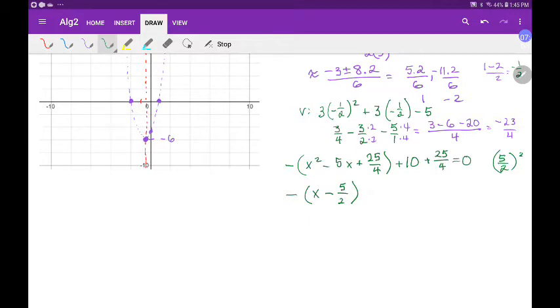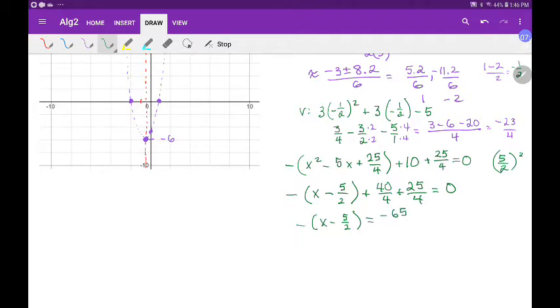We're going to say plus, I'm going to get common denominators. 40 over 4 is 10, plus 25 over 4 equals 0. And we'll say x minus 5 over 2. And I'll subtract. If I put those together, that's 65 over 4, right?